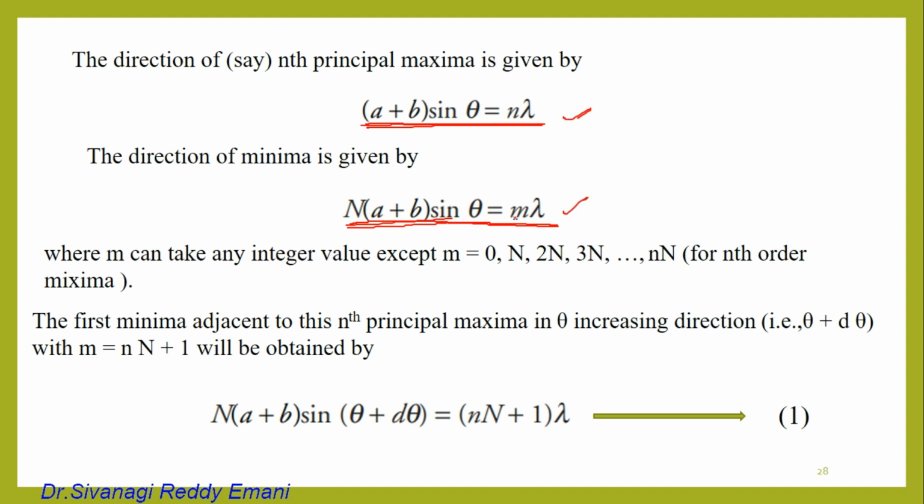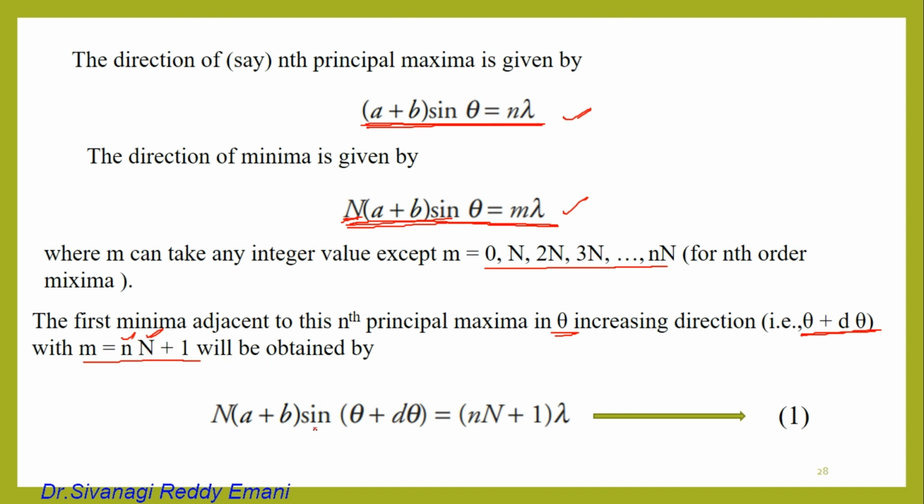Capital N is the number of slits, where m can take any integer value except 0, N, 2N, 3N, nN. The first minima adjacent to this nth principal maxima in the theta increasing direction is at theta plus d theta with m equal to nN plus 1. Small n is the order of the grating, capital N is the number of slits.